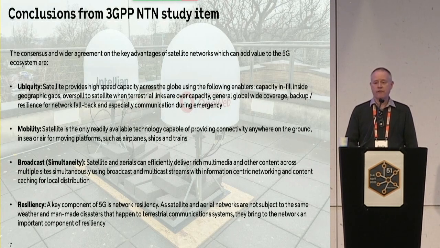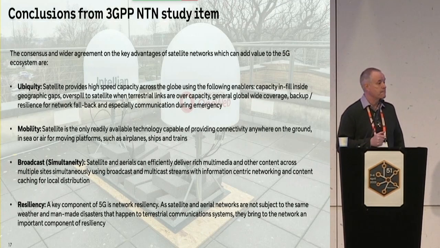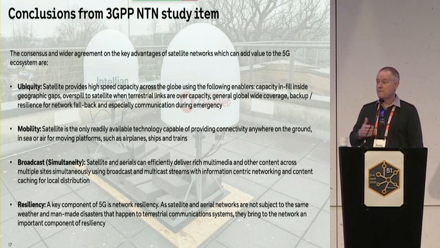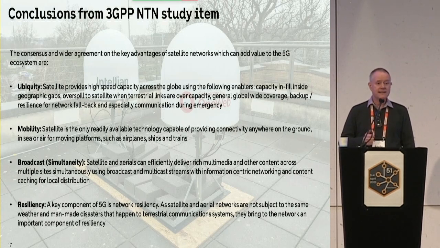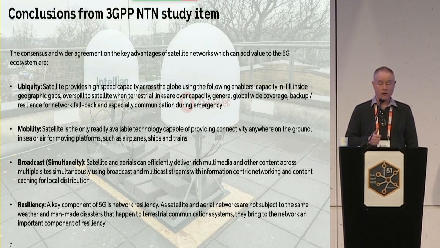So the conclusions from that 3GPP study were actually that, yes, we want to do this, because what's it going to give us? It's going to give us ubiquity, mobility, the ability to do broadcast, and indeed the ability to build resilience. So primarily, if you can access a terrestrial network, always do it. It's going to be cheaper. It's going to be lower latency. It's going to be far better performance.